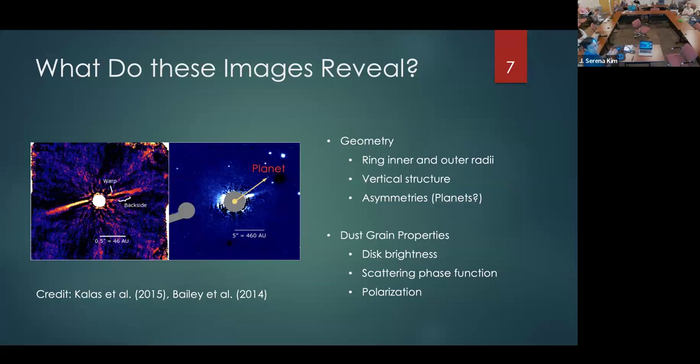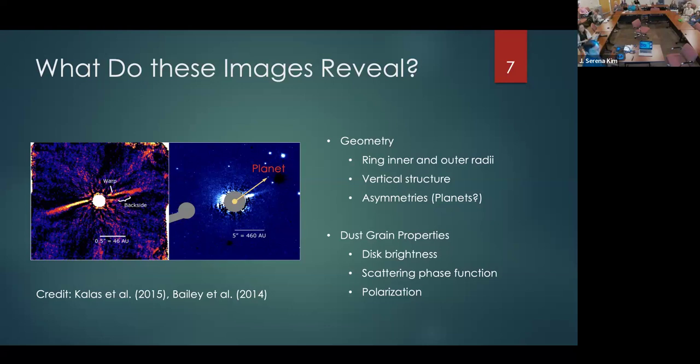And these are interesting because these asymmetric features could be induced by dynamical interactions such as perturbations from planetary companions. So especially these carved narrow ring type structures, you can imagine some Jupiter mass companion might be carving out an inner edge to some of these debris disks, or you might have a planet on an eccentric orbit that might be inducing a warp type structure or a misalignment between different dust components in a debris disk.